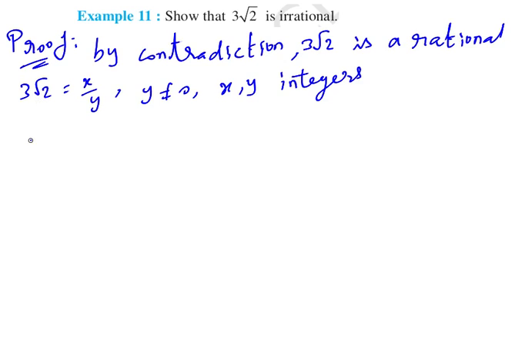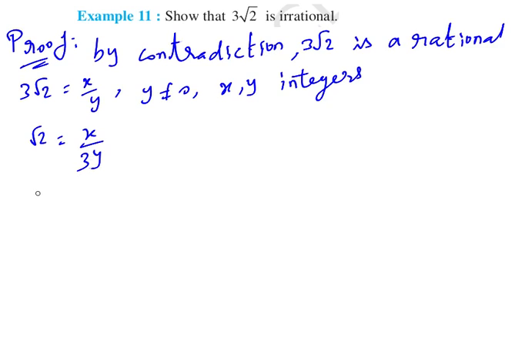So now we'll take root 2 equal to x by y, and this 3 we will bring this side. It is in multiplication, so if you bring this side, it will come to the denominator. So root 2 equal to x by 3y. x and y are integers, so x by y is a rational number, and 3 is also an integer, so this division also becomes a rational number.